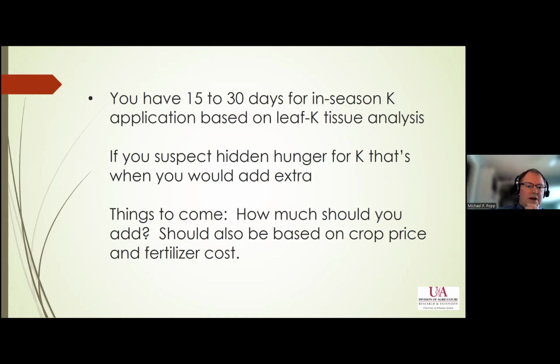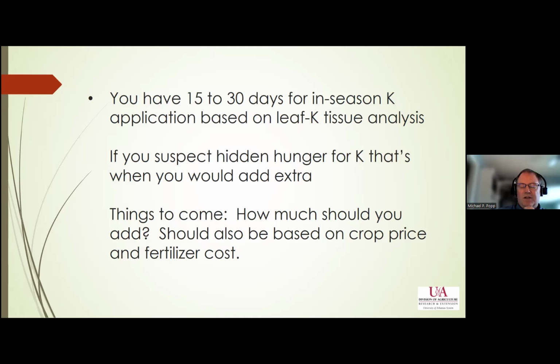Now, the way I was told that that's done is that a producer or a crop consultant will walk through the field and grab some leaf samples, ship it off, get some answers, and then based on leaf K tissue results, you go ahead and make another pass of K if you think there's hidden hunger.